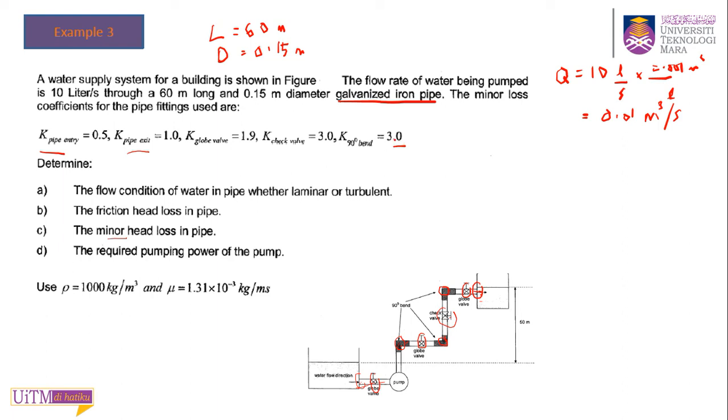They ask you to determine the flow condition of water in the pipe, whether it's laminar or turbulent. This is easy, you can just use your Reynolds number equation. We have done this last Sunday, and I showed you how to calculate this.